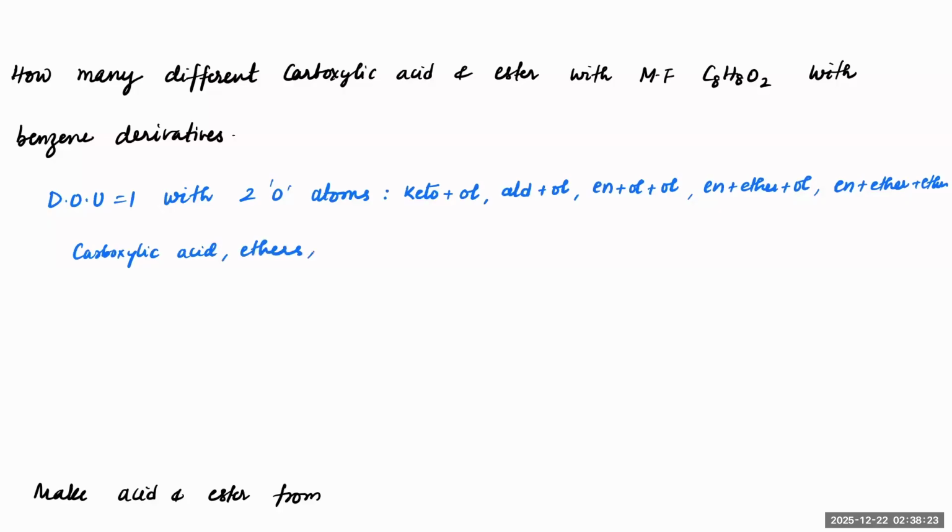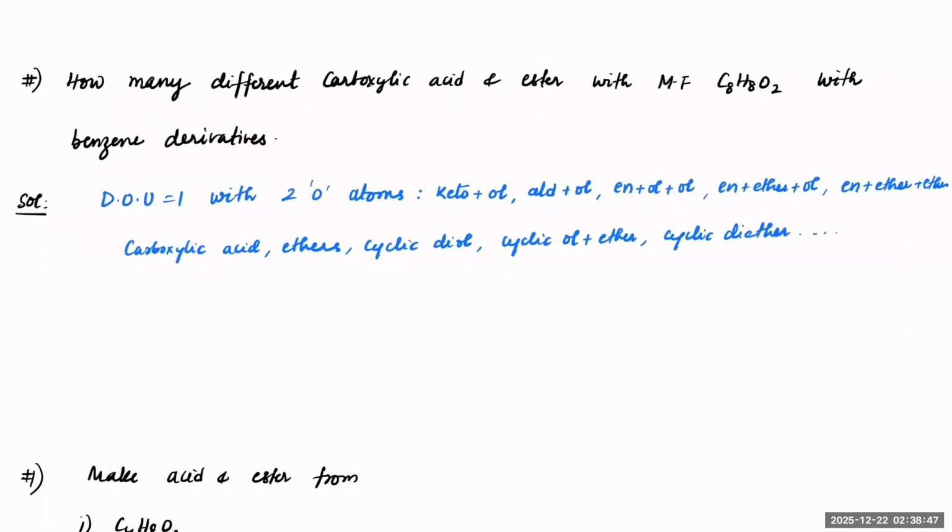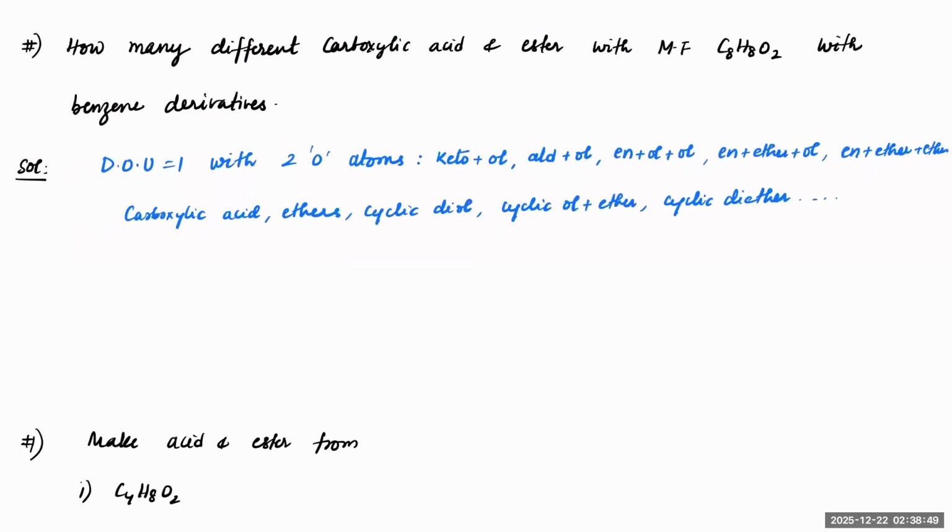Correct? Then because it is degree of unsaturation 1, it could be cyclic alcohol, cyclic diols, or cyclic ol plus ether, or cyclic diether. So have you noticed so many different possibilities we can get? Just having two oxygens and one degree of unsaturation, so many possibilities.